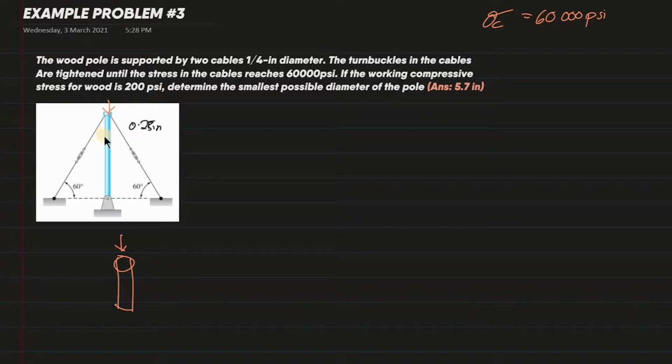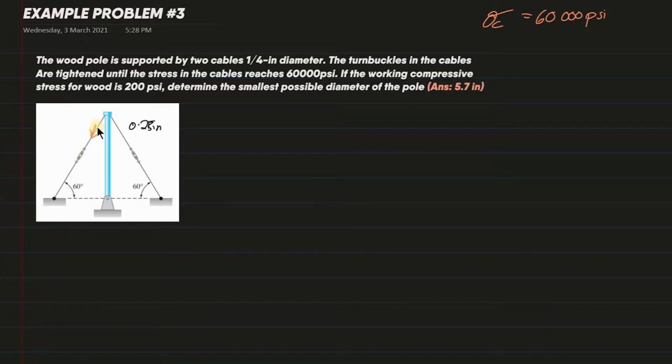Alright, so paano natin yan masosolve? Determine the smallest possible diameter of the pole. Okay, so isosolve natin yung smallest possible diameter ng pole na to para hindi to mag-fail. So, paano natin yan gagawin? Simulan natin dito sa buckle. Kailangan nating i-solve kung ano yung nag-a-act na perpendicular.